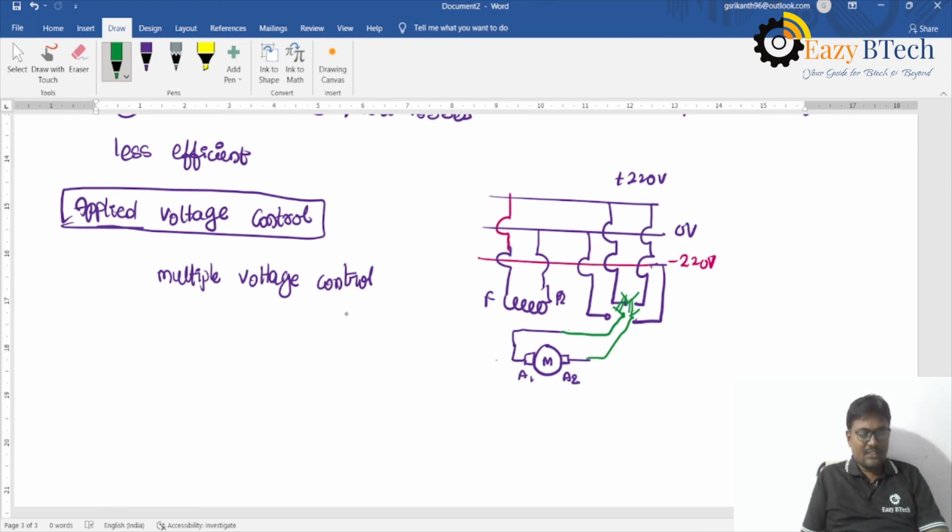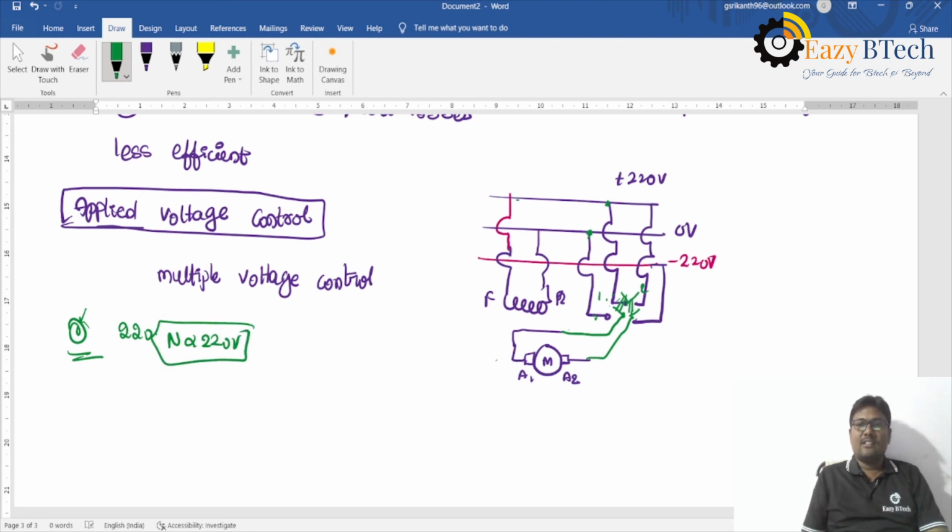When the armature is supplied with the various voltages, if the switch is closed here, only 220 volts is applied. Let us say this is the first position, and this is the second position. At the first position, speed is directly proportional to 220 volts.